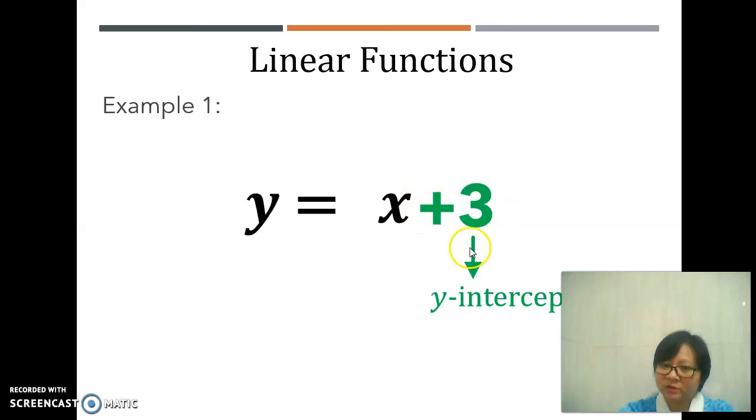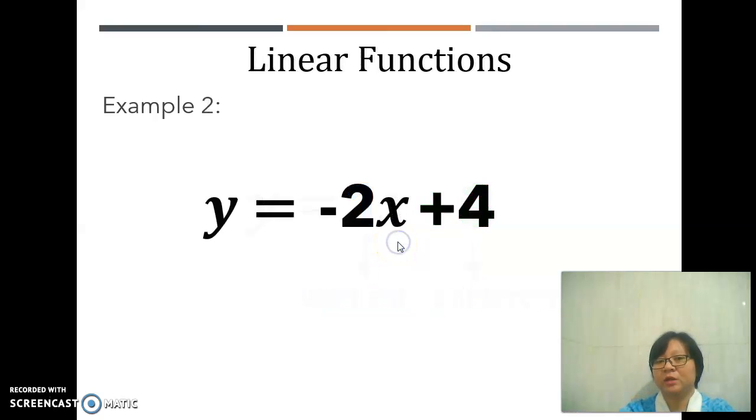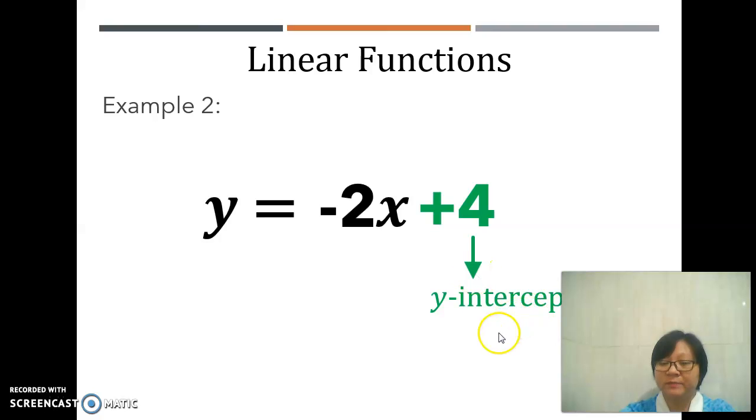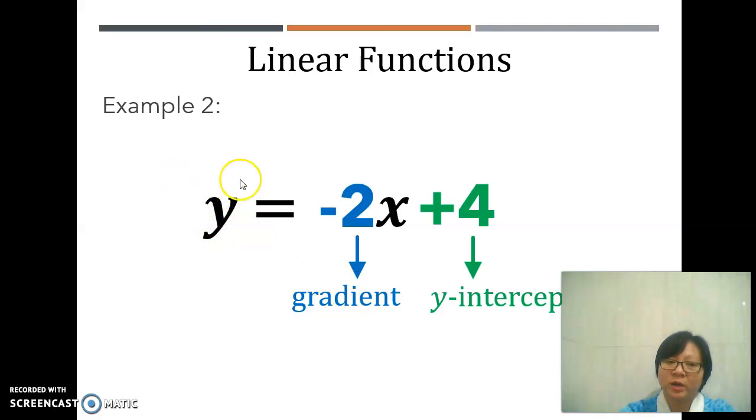The y-intercept is 3, and then the gradient is the coefficient of the x variable. Just as easy as that. Now, for the second example, you can just spot the y-intercept immediately and the gradient immediately. Please pay attention that the coefficient of the y variable must be equal to 1.